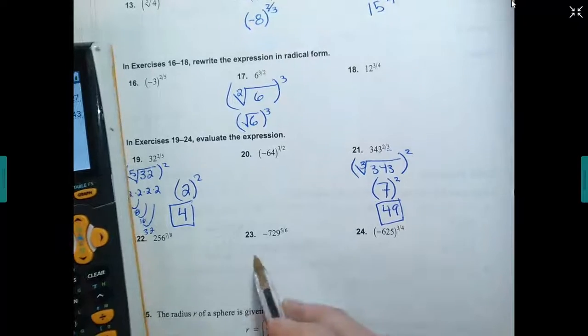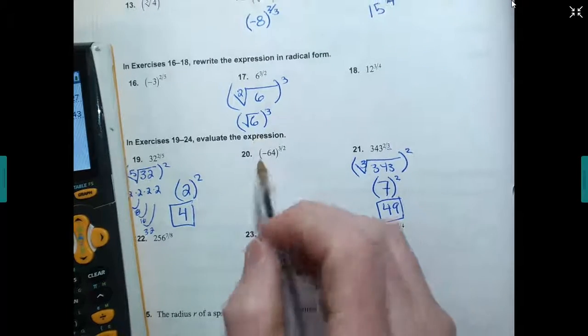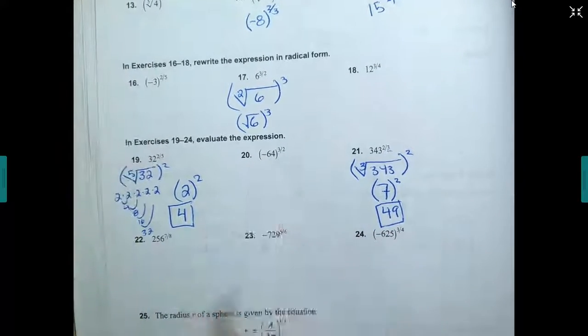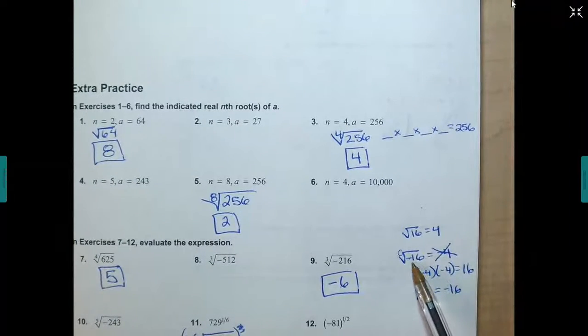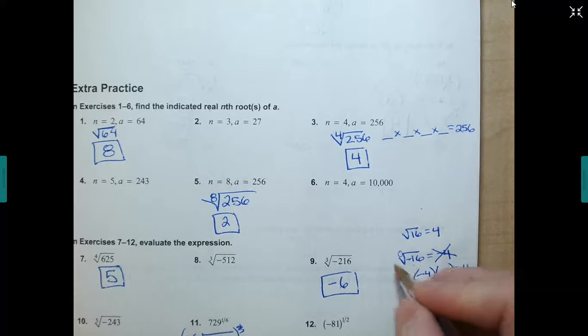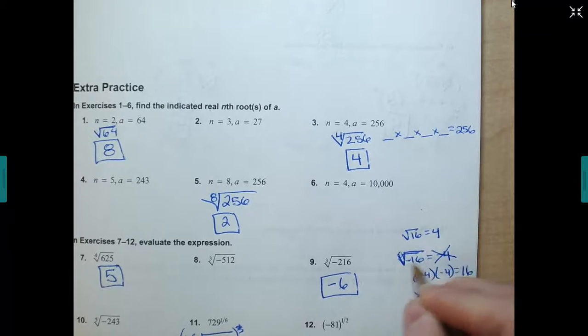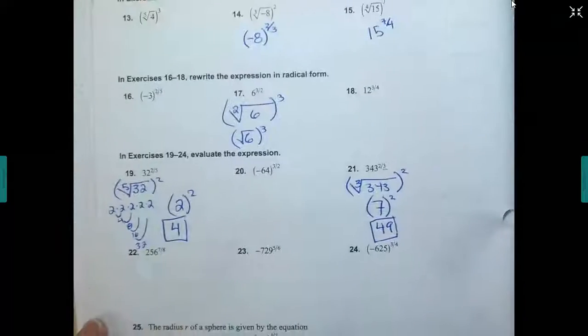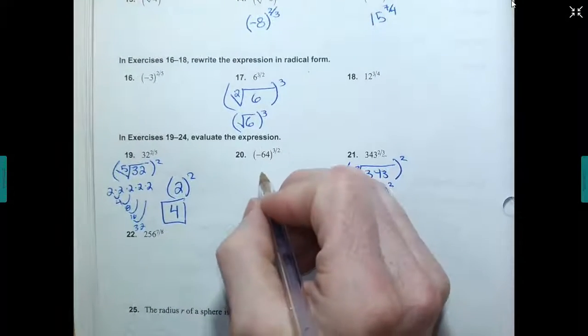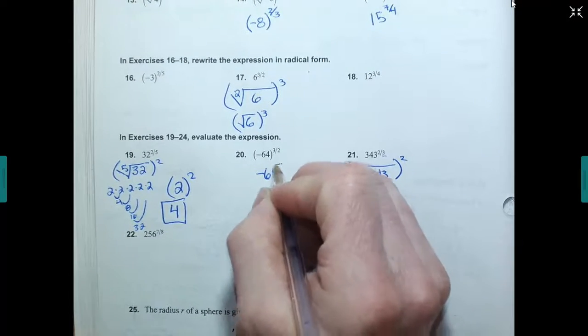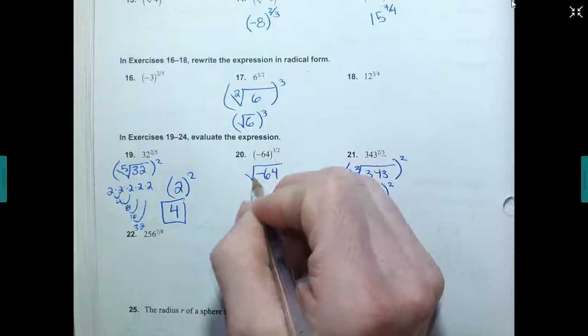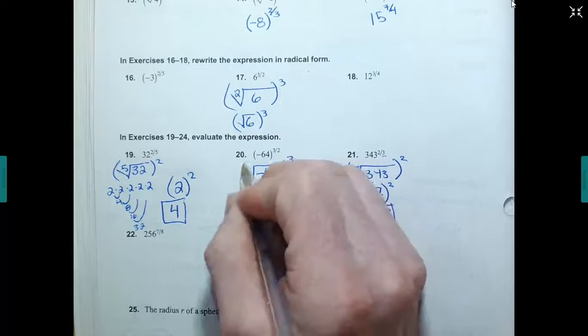All right. Oh, you know what? I'm going to go up here because back here I talked about if you have a negative square rooted, that's impossible. It's not a real number. I'm going to show you an example of that right here in number 20. So I have negative 64 to the 2/3.